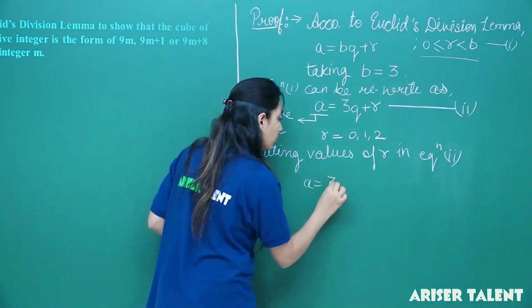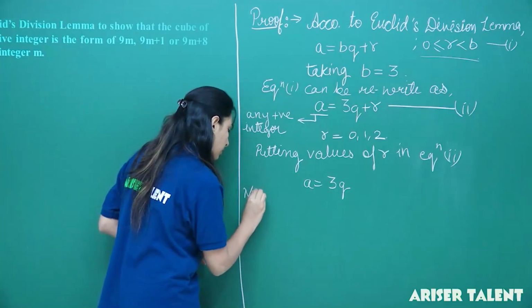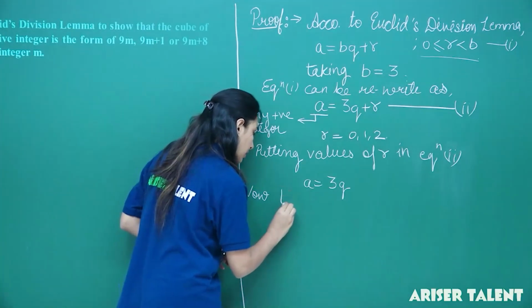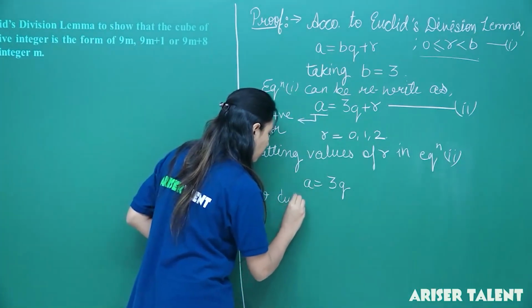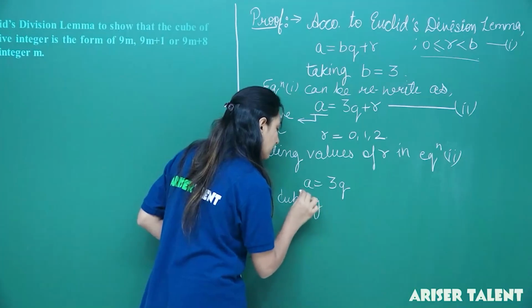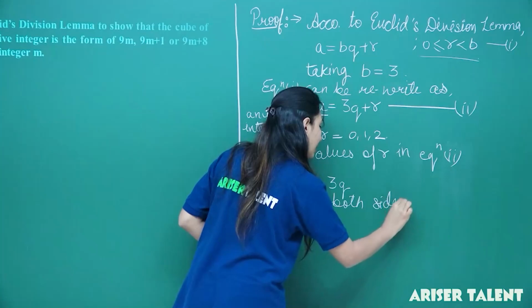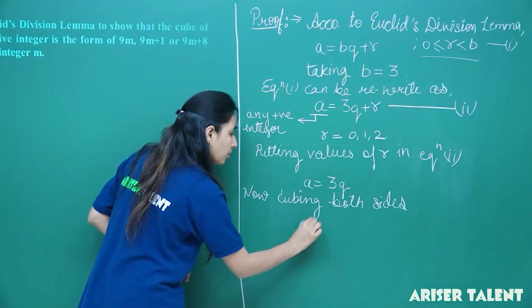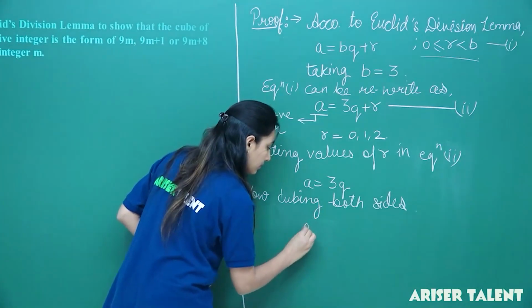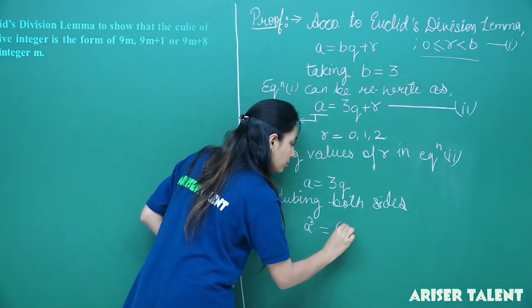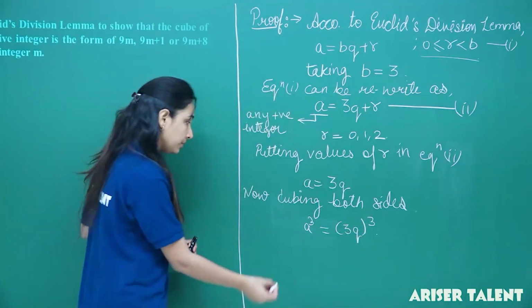a equals 3q. Now, cubing both sides, what will we get? a cube will be equal to 27q cube, right?